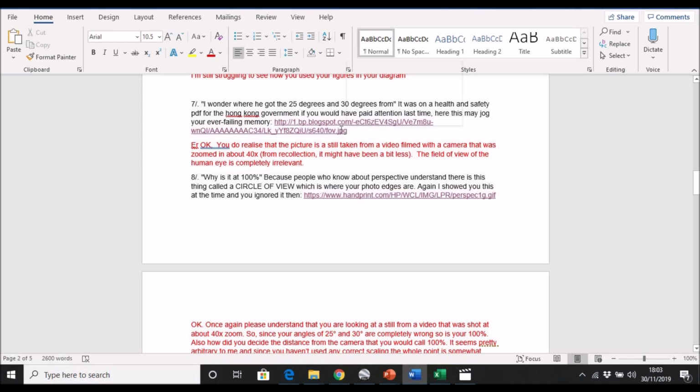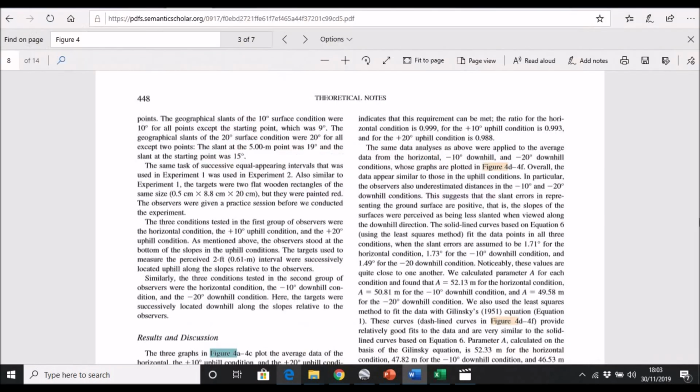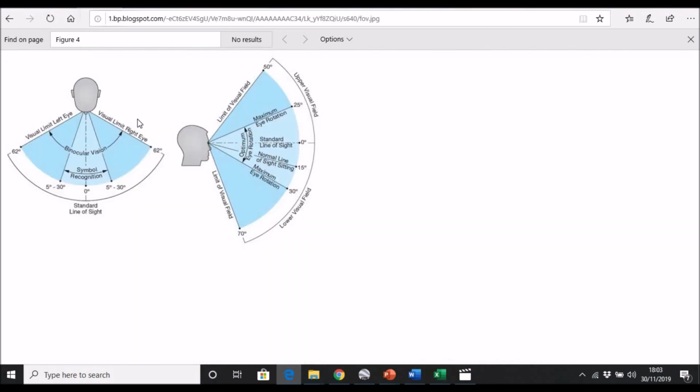Okay, so he provides a link to the relevant document, which is this one, showing the field of view of the human eye, the vertical field of view. The figures he's used are for maximum eye rotation, so that's when you use your eyeballs only to look up or down.